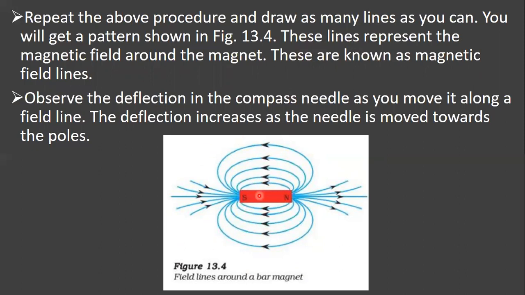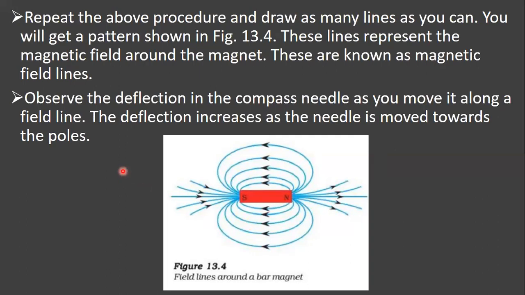Now you observe the deflection in the compass needle, children, as you move it along the field line. The deflection increases as the needle is moved towards the poles.